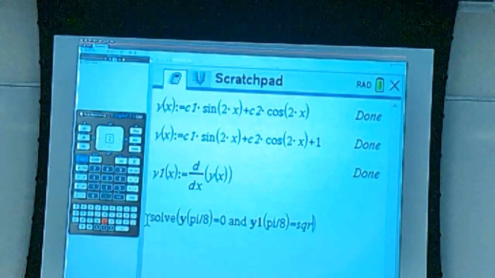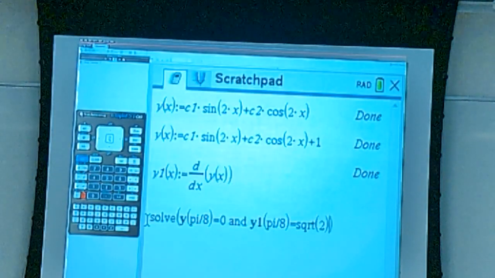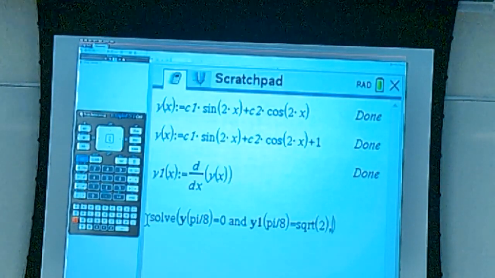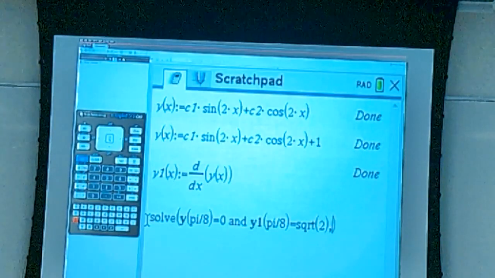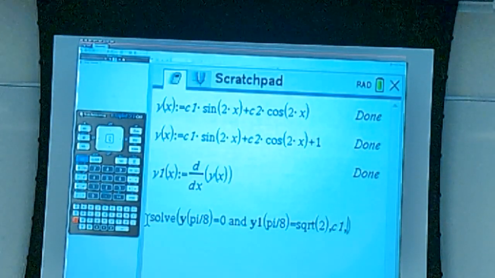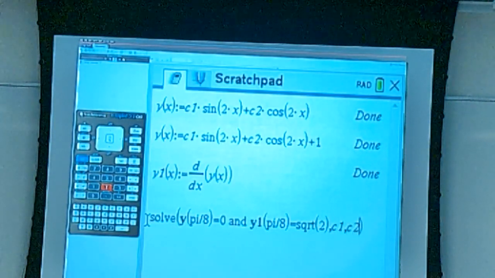And that had to equal square root of 2, right? Then you just need to tell it what are we solving for. C1 and C2.